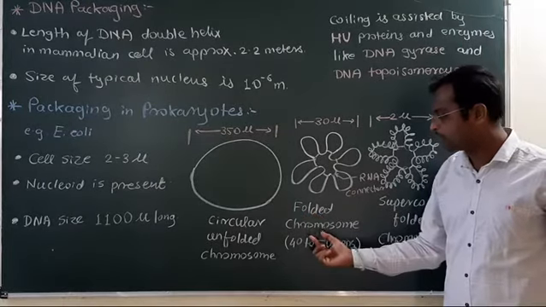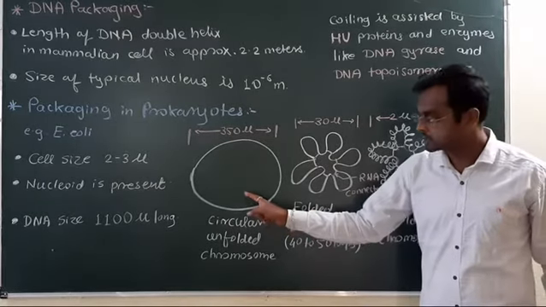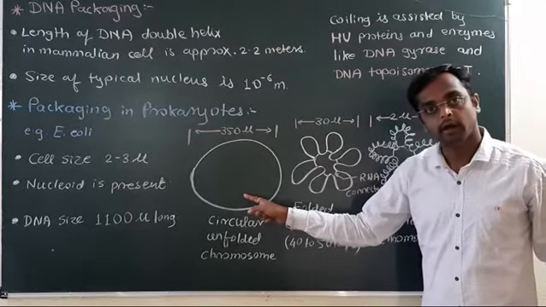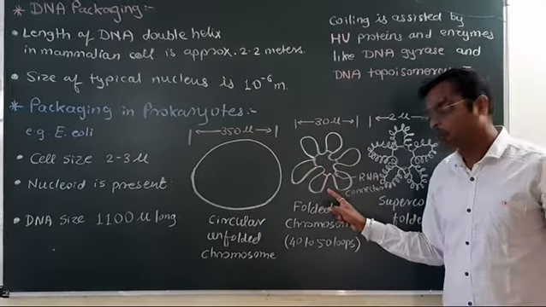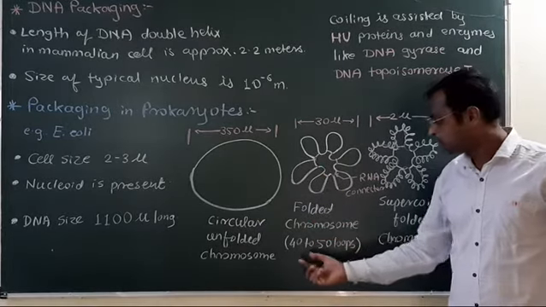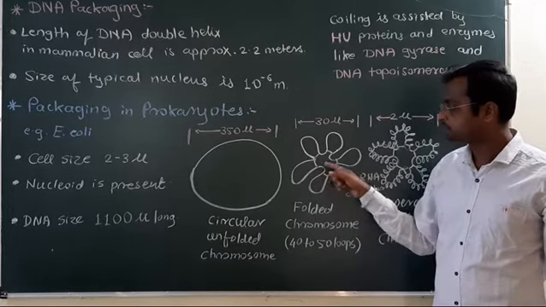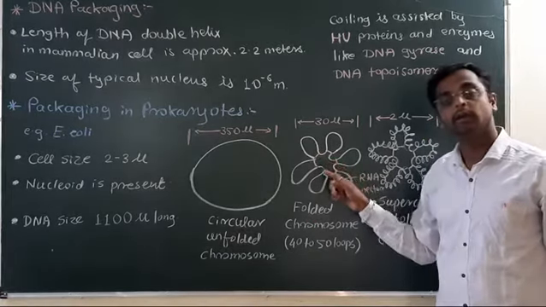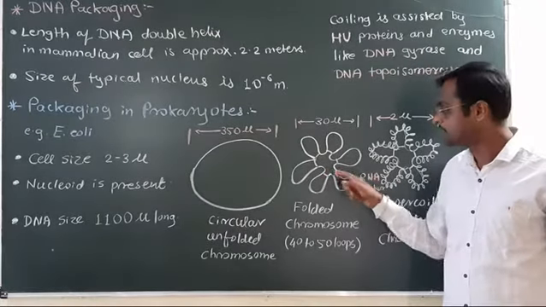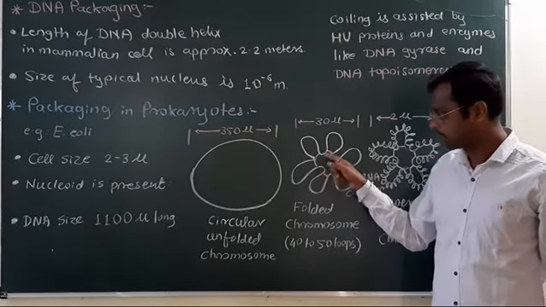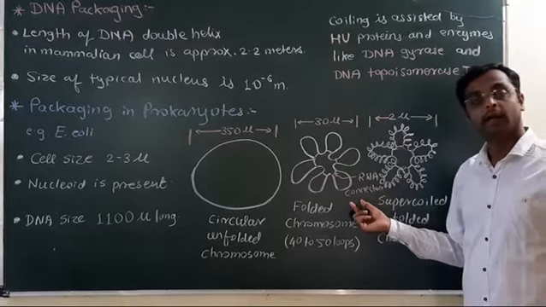This is the folded chromosome. After this, the folds are 40 to 50 loops, and these loops are held together by the RNA connectors.